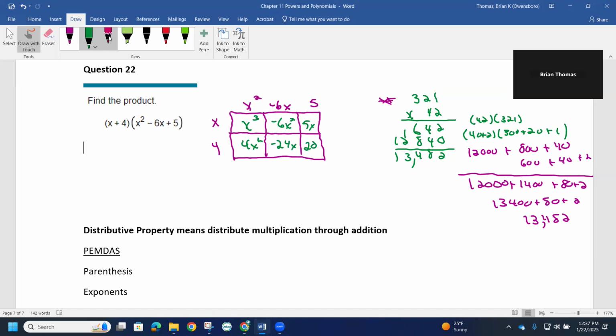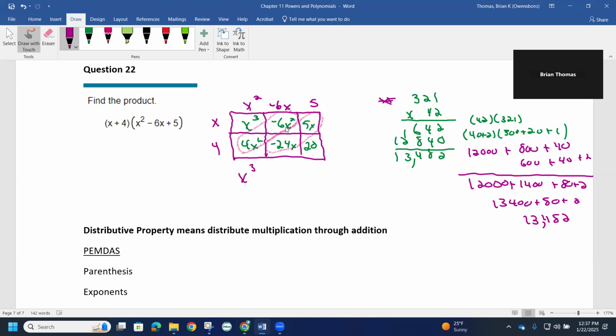Now, when I do the box method, though, what's catchy is the like terms are actually diagonal. So when we combine like terms, they're actually in a diagonal format. So some people don't like that. So when I play this out, the x cubed would come down, and then 4x squared and negative 6x squared.